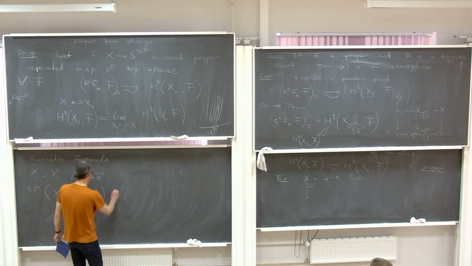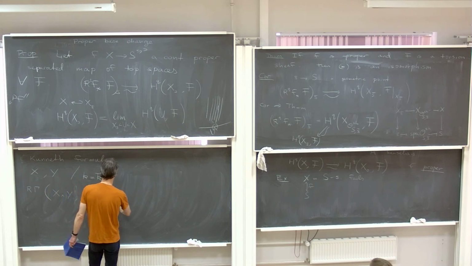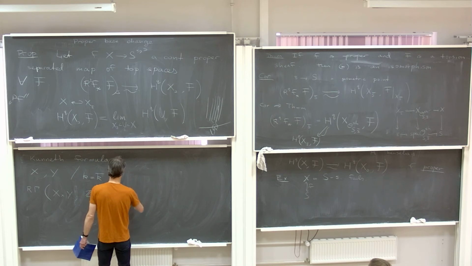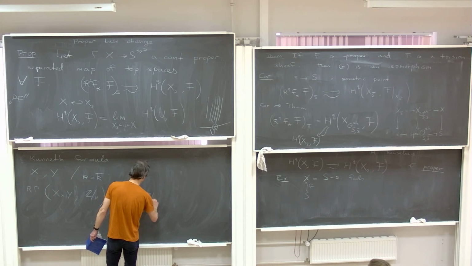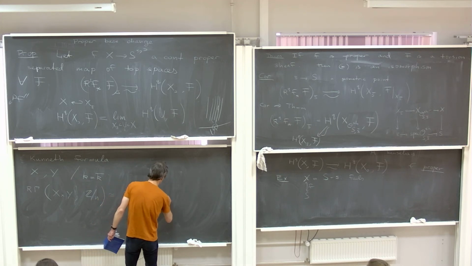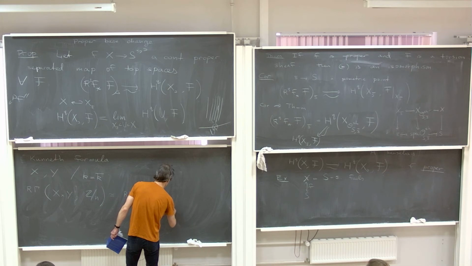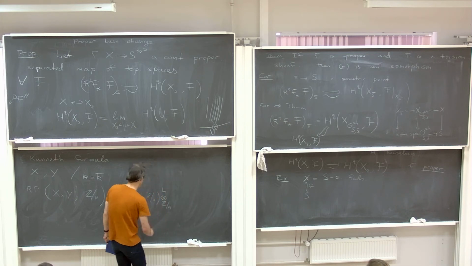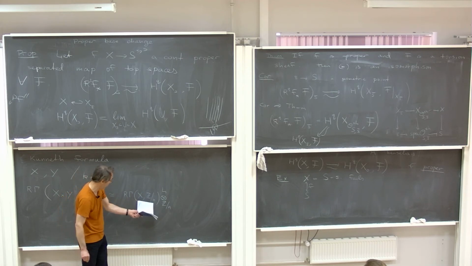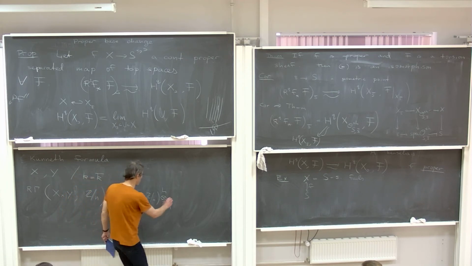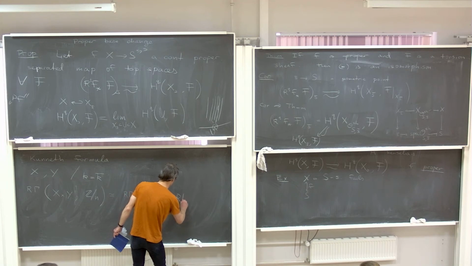And then the claim is that this is R Gamma of X with Z mod n Z coefficients, tensor over Z mod n Z, well, since I work with the derived category, the only assertion that makes sense is to take the derived tensor product.